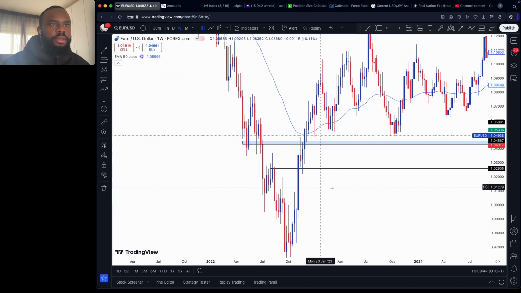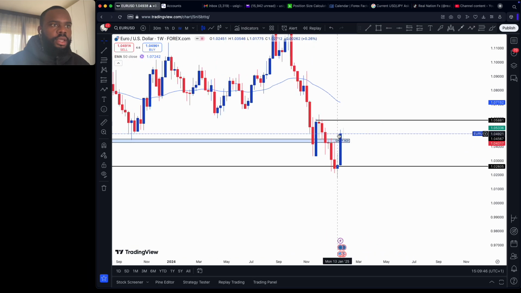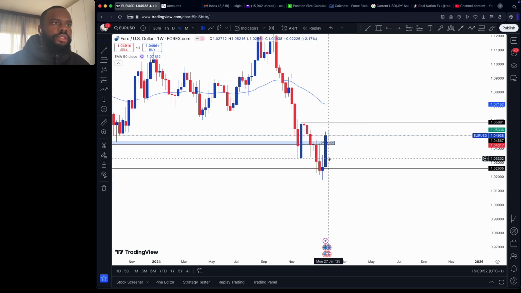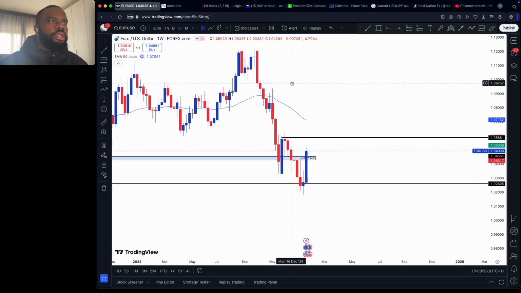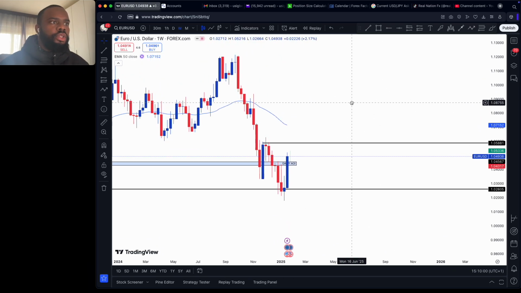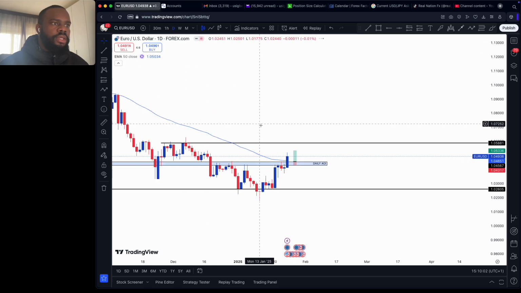Then price came back, and we are having this bullish engulfing candle closing on the weekly. So this signifies something is about to change. I think there's going to be a change in the trend. So let's go to the daily and see.